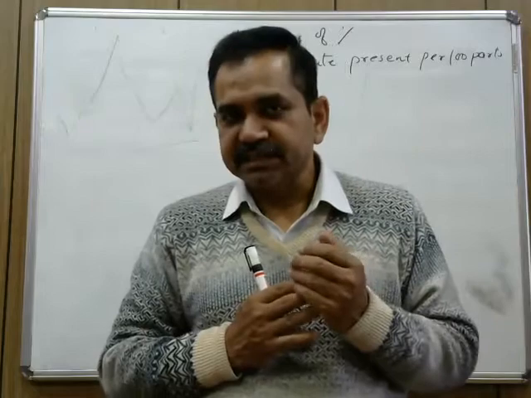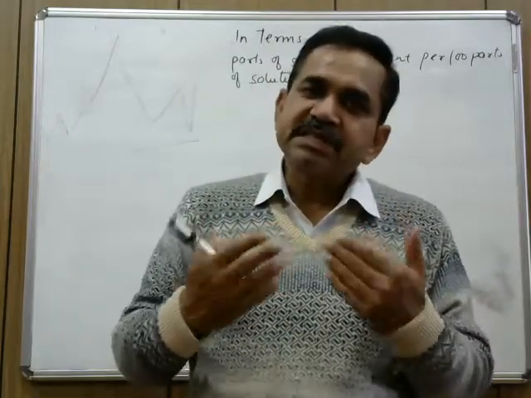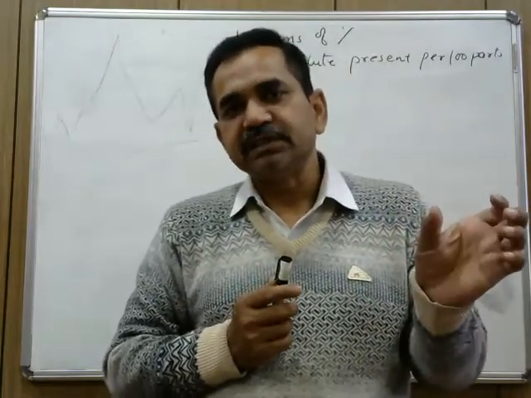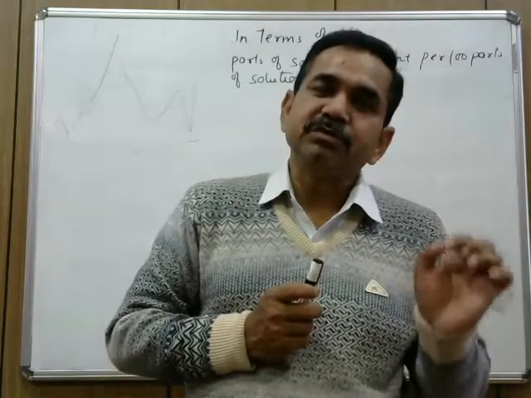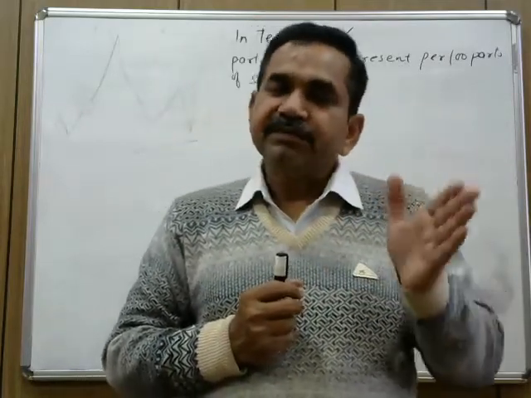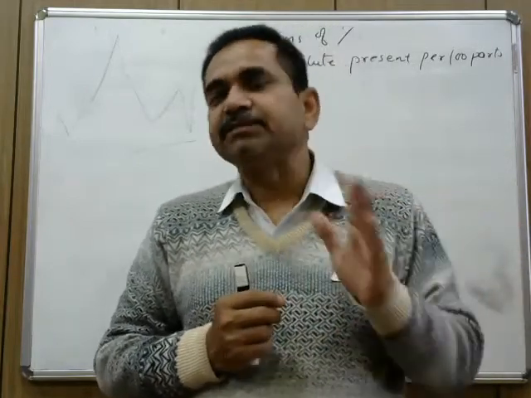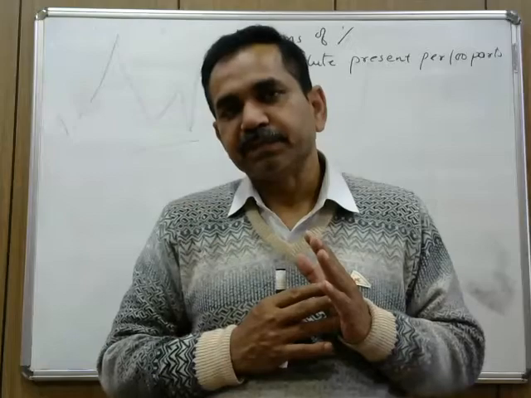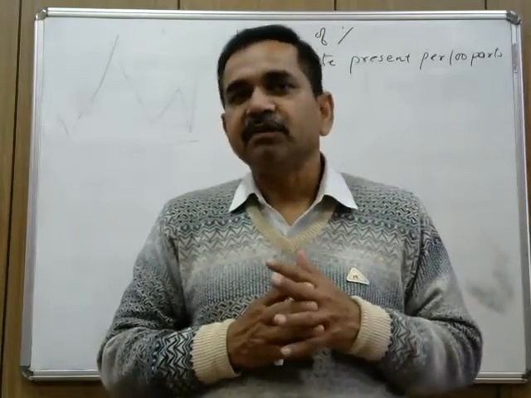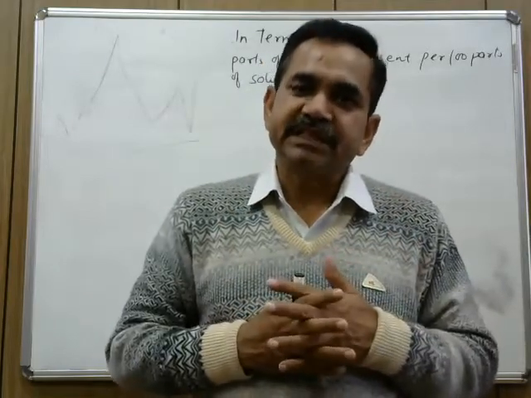In a similar way, volume percent refers to how many parts of solute by volume are present out of 100 parts by volume of solution. Say if we are expressing the volume of solution in milliliters, out of every 100 ml of solution, how many milliliters of solute are present.